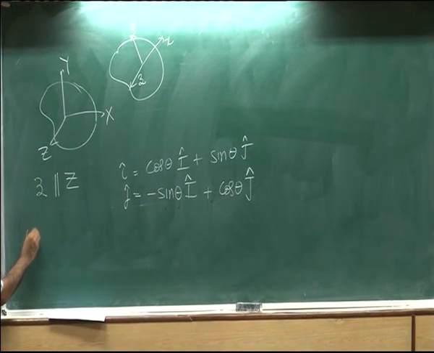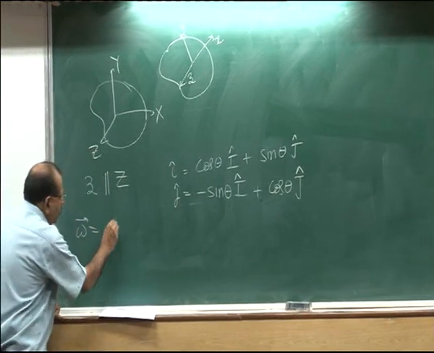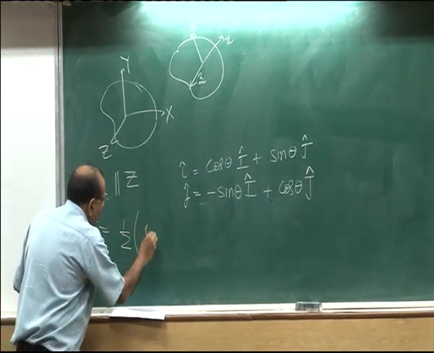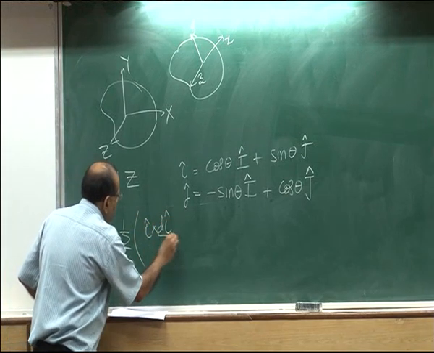So now let's use the definition of omega. Omega is equal to half of i cross di by dt.